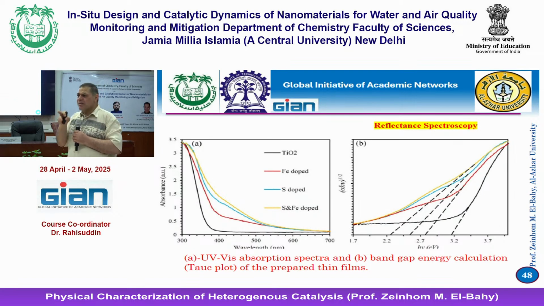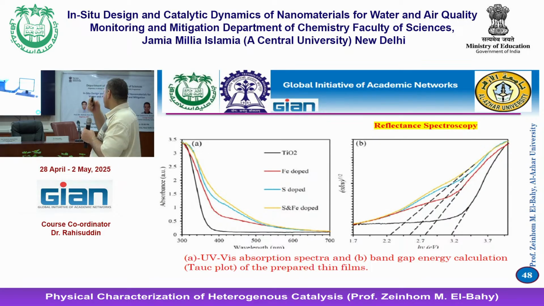Sometimes you need to determine the band gap when you use titania, titania composites, or titania with something added. There is an equation you can use to determine the band gap, and new instruments also have software that can determine it.